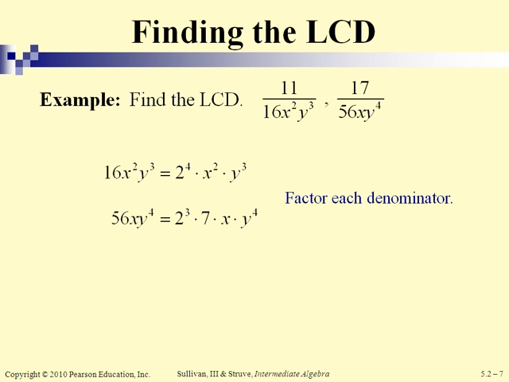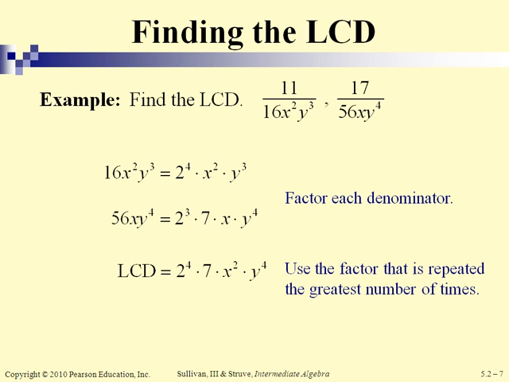Well, you have to know this, because if you don't know this, you cannot do any problems. Okay, so the LCD is that. Great job. Now, how do we add this?